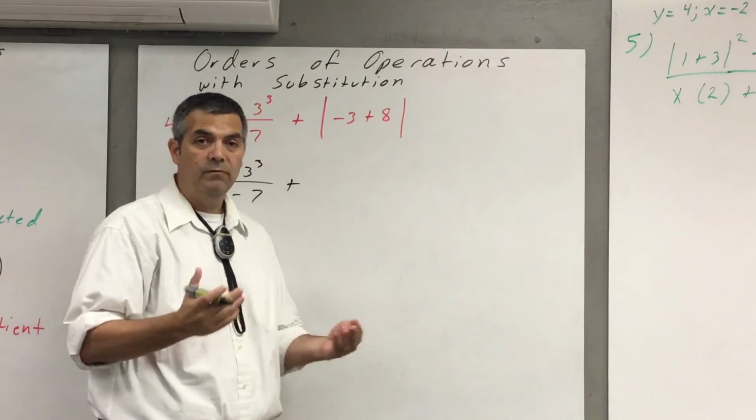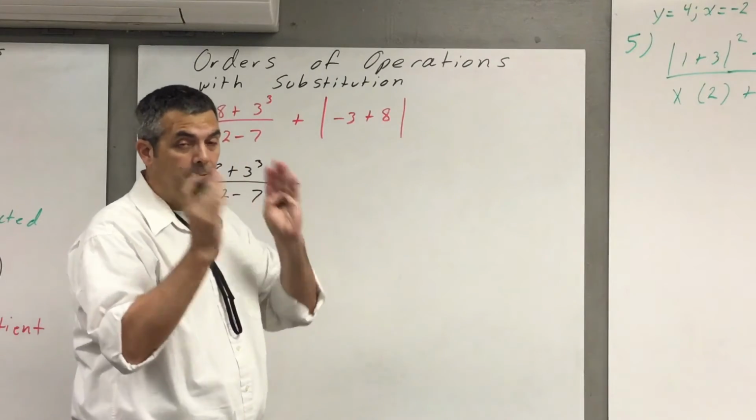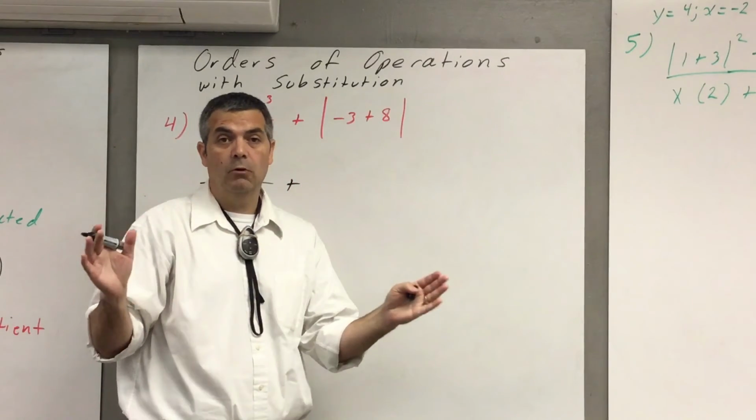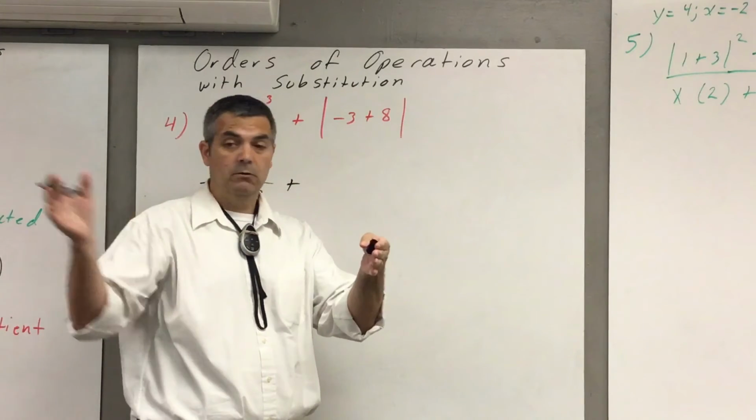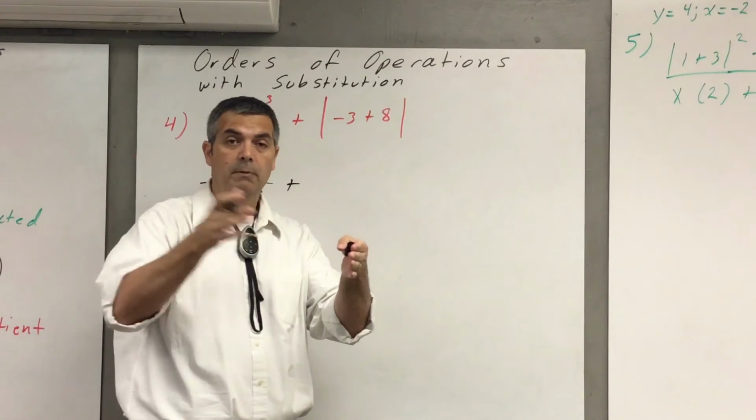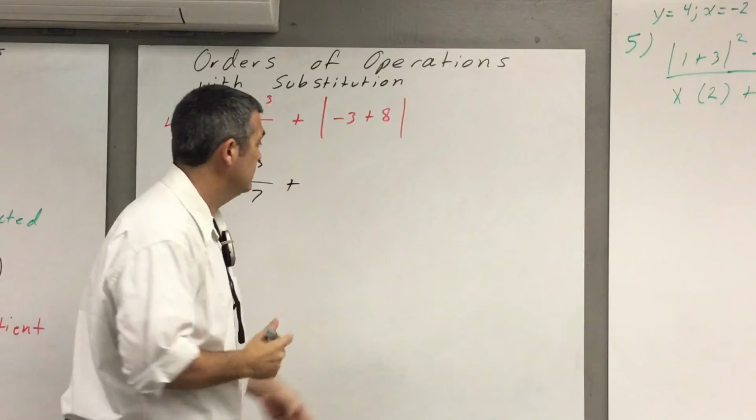Well, what's the absolute value of 5? Remember, absolute value is the distance from 0 on a number line. So it's always going to be positive coming out of that. So I get a positive 5.